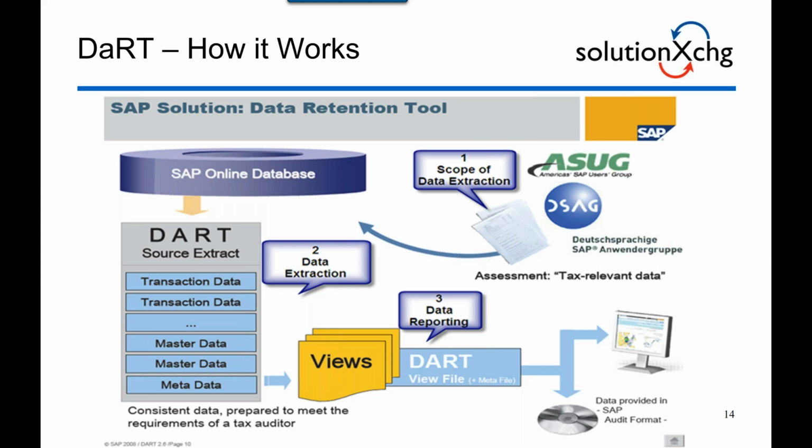There's the execution of the extraction out of the online database, which is a technical exercise, generally speaking, but has those functional implications to it as well. And then there's a third step here, which is reporting for a given audit generally is a subset of what the extract contains.